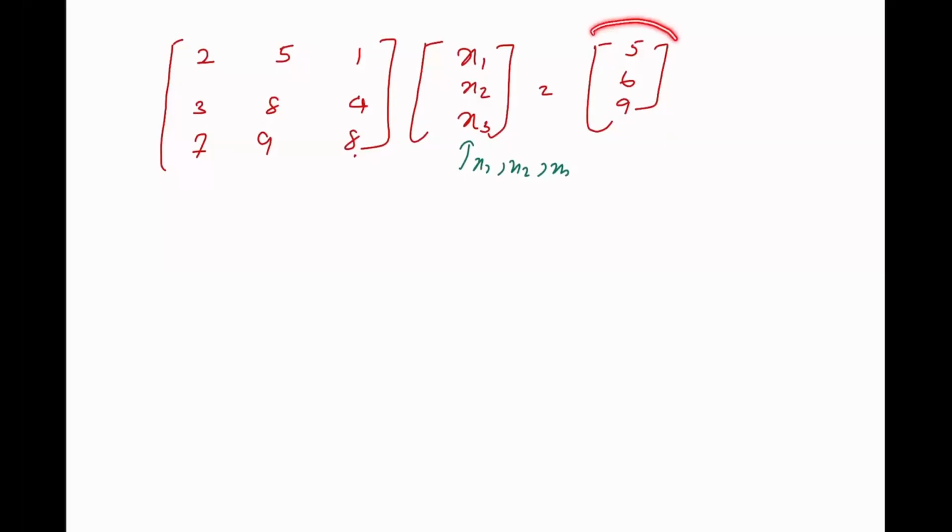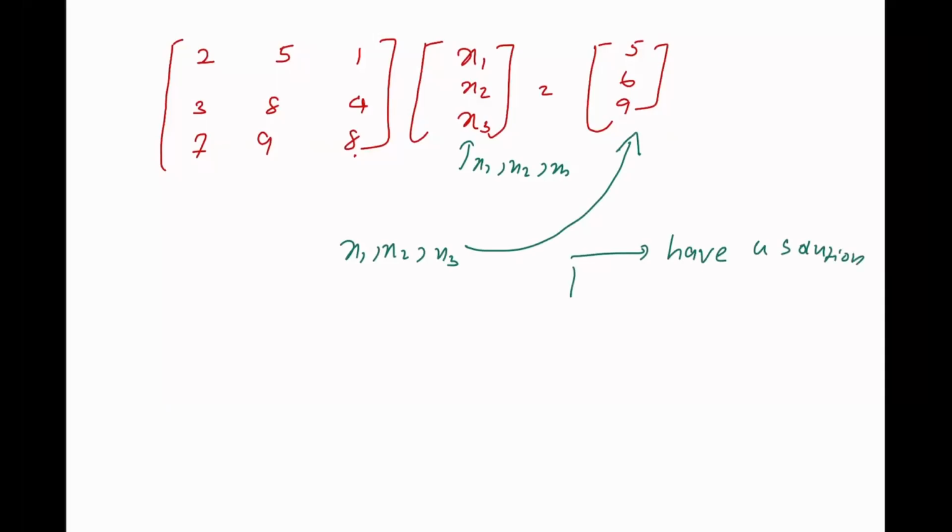Let's say I need to solve this system. It means I need to find x1, x2 and x3 values which give the output of this product as the 5, 6, 9 vector. So what does this mean? There can be two things, right? I can either have a solution or I cannot have a solution.